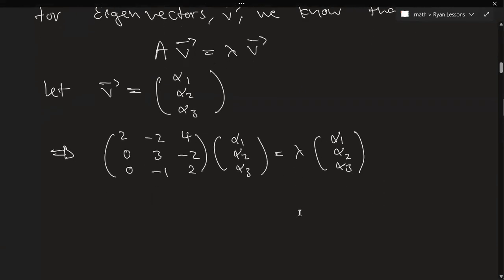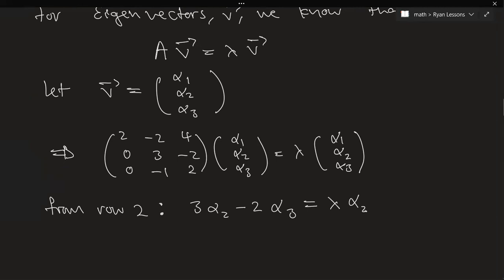Let's then figure out the equations that we can use. There's something nice that comes especially if we consider the second row. From row 2, if you multiply, you will get that 3 alpha 2 minus 2 alpha 3 is equal to lambda alpha 2. That simplifies nicely.